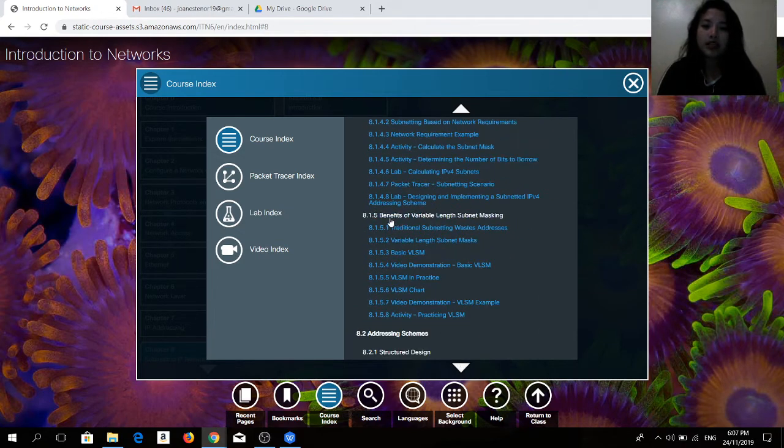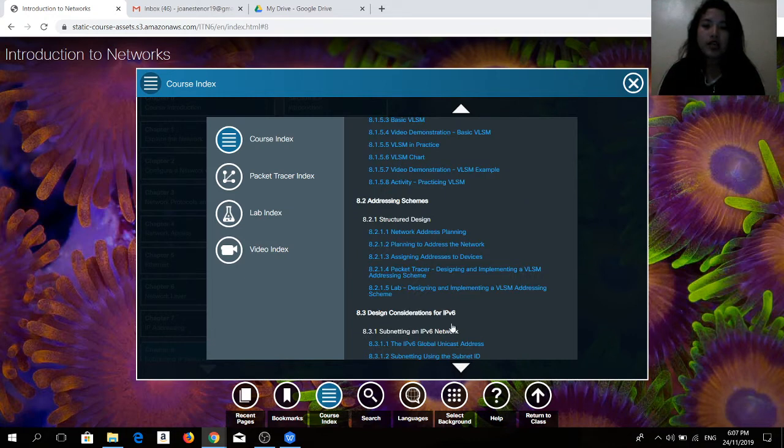Next to it is benefits of variable length subnet masking: traditional subnetting wastes addresses, variable length subnet mask, basic VLSM, VLSM in practice, VLSM chart. Then next to it is addressing schemes. Under it, we have structured design. Next is network address planning: planning to address the network, assigning addresses to devices.